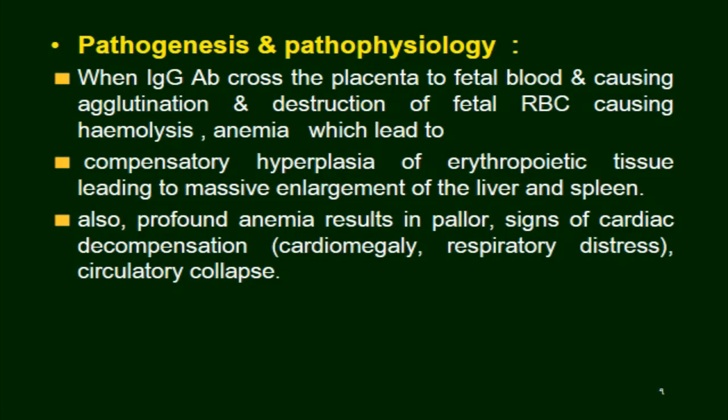When IgG antibody crosses the placenta to fetal blood, causing agglutination and destruction of fetal RBC, causing hemolysis and anemia, this can lead to compensatory hyperplasia of erythropoietic tissue, leading to massive enlargement of the liver and spleen. Also, profound anemia results in pallor, signs of cardiac decompensation, cardiomegaly, and respiratory distress in addition to circulatory collapse.